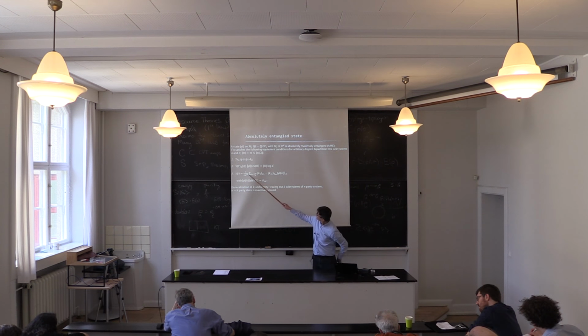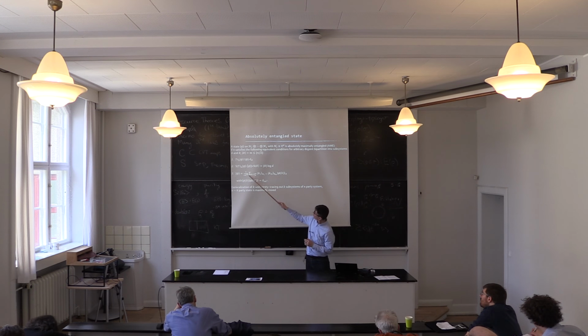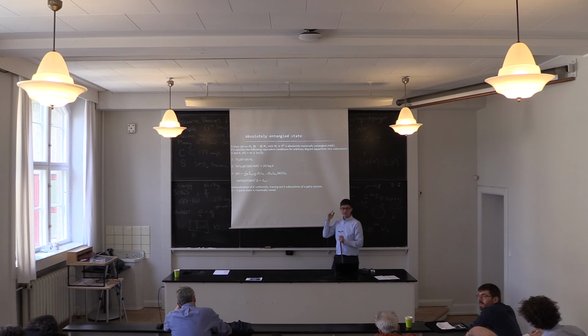In general, you admit d to the power of m words in this superposition. But the minimal number of words that is allowed for the state to be absolutely maximally entangled is just d to the power of m half. And then states that have this number of terms in the decomposition are connected with these quantum minimal distance codes.